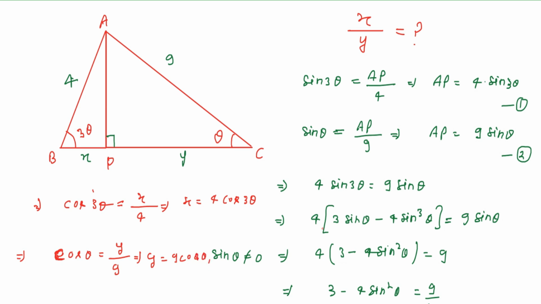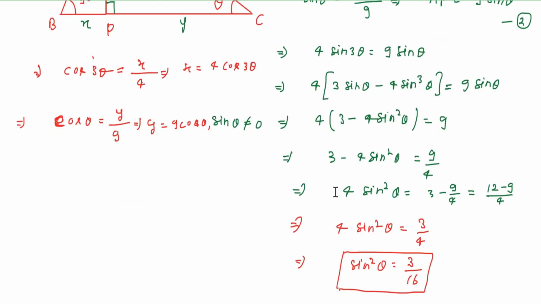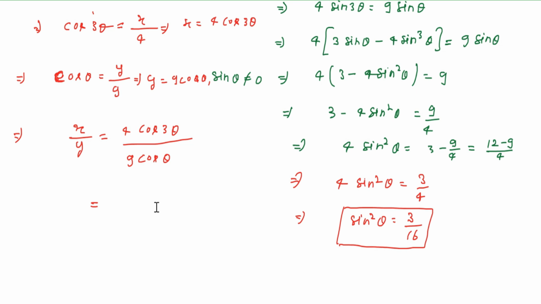So from here we can write the ratio of x and y like x divided by y is equal to 4 cos 3 theta divided by 9 cos theta. So if we use the identity of cos 3 theta in the numerator, we can write 4 divided by 9 times, cos 3 theta can be written as 4 cos cube theta minus 3 cos theta, and we have cos theta in the denominator.